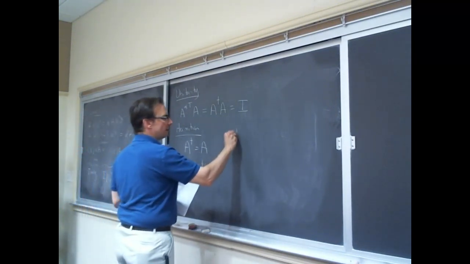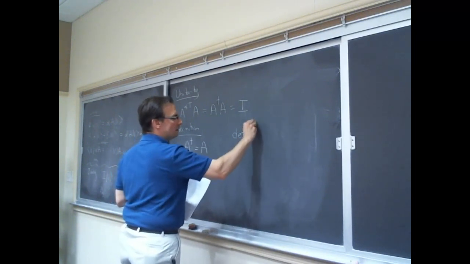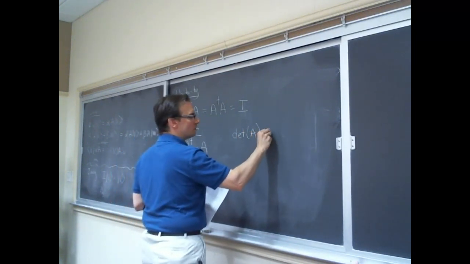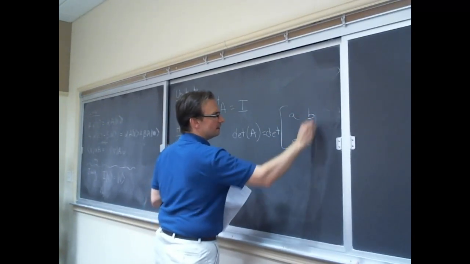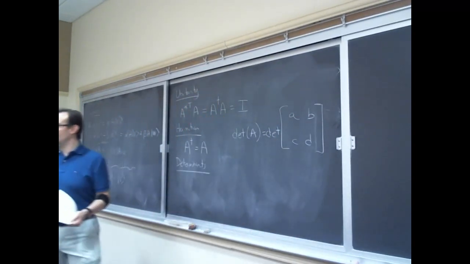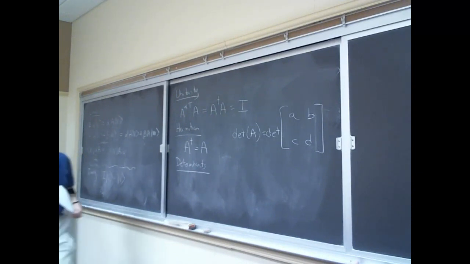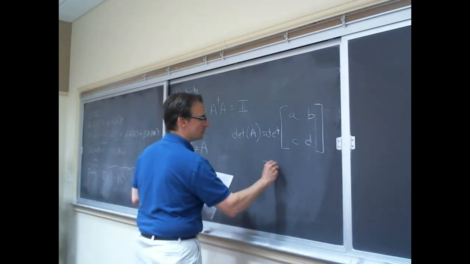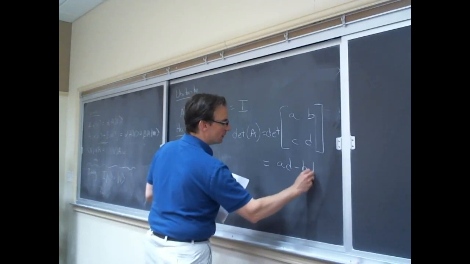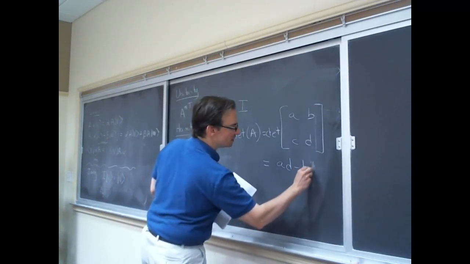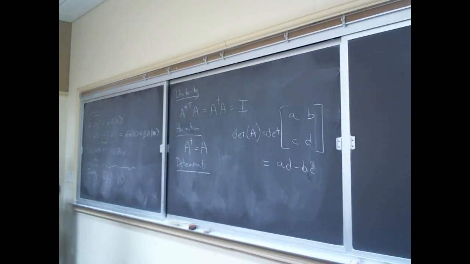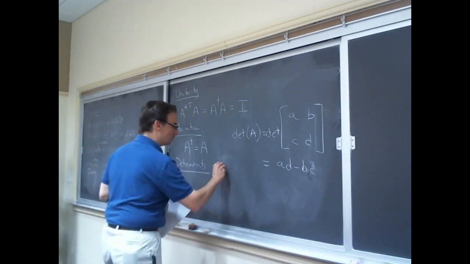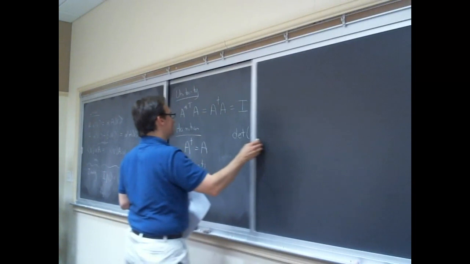And it's calculated, so let's say we want det of A, which is equal to the determinant of the matrix with rows A, B and C, D. So let's say it's a 2 by 2 matrix. That's what A is. In this case, it's a number, and the number is equal to AD minus BC. There we go. If you have a 3 by 3 matrix, I'm going to pull in this here.